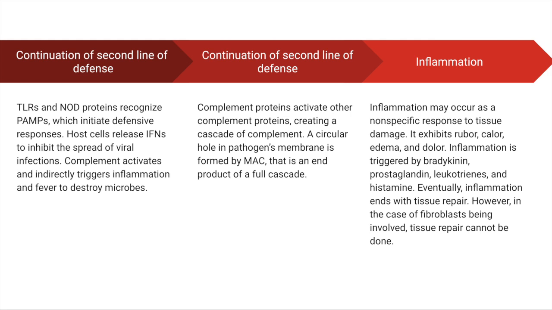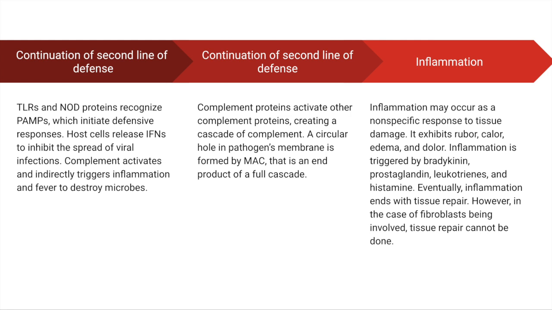So in that case, instead of the typical repair of the skin, for example, scar tissue will form. And in the cases of cardiac muscle and some parts of the brain, since they do not replicate, tissue repair cannot be done. As a result, these tissues will remain damaged after a heart attack or stroke.